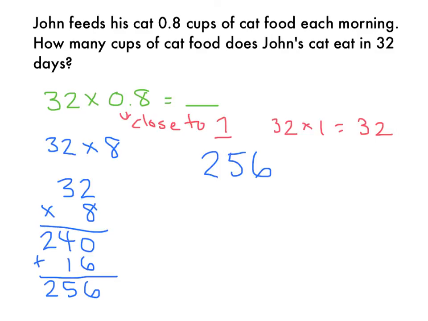And I don't think the decimal point would be here and make it 256, because that would be much too big. So that means that the decimal point must be 25 6/10 cups of cat food.